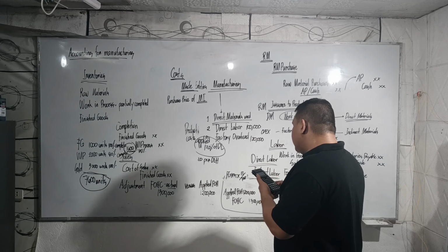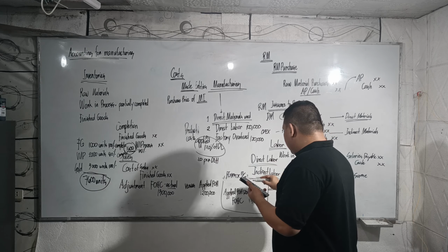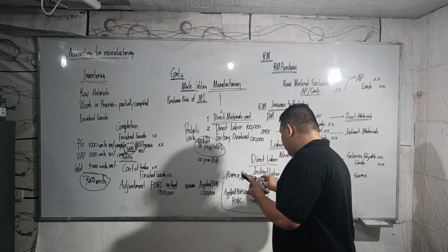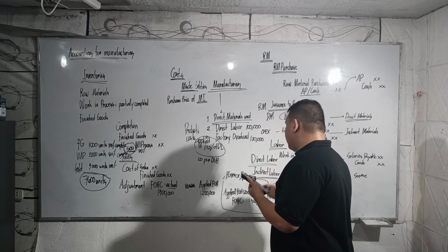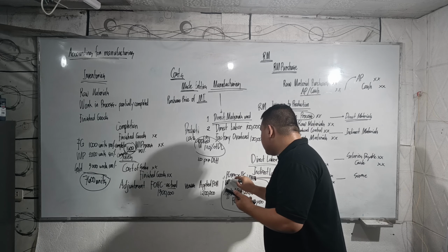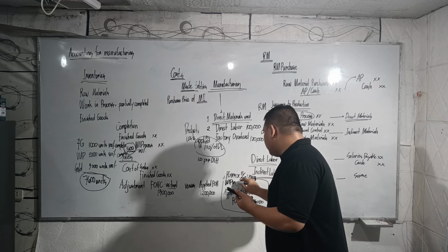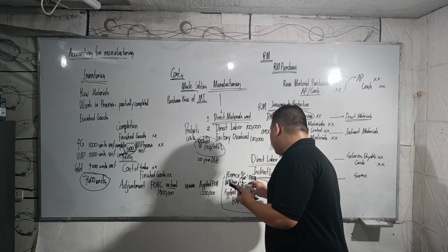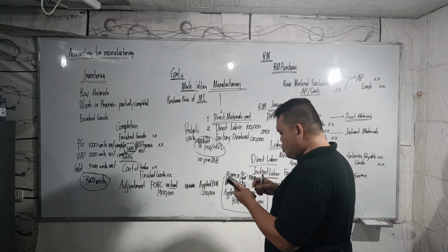So you're going to revise your inventory. You have to add 13,157.89, about 13,158.